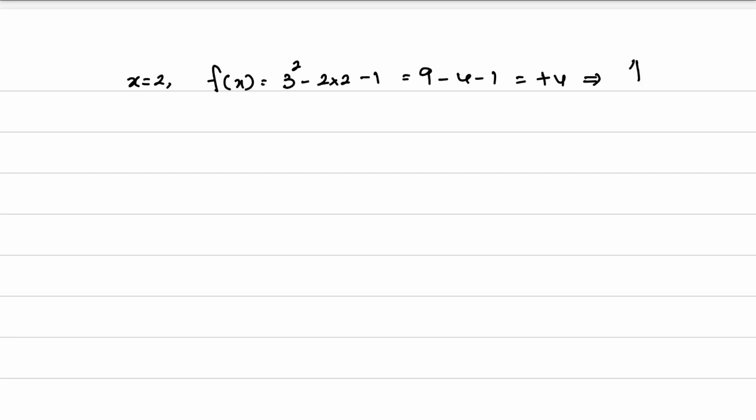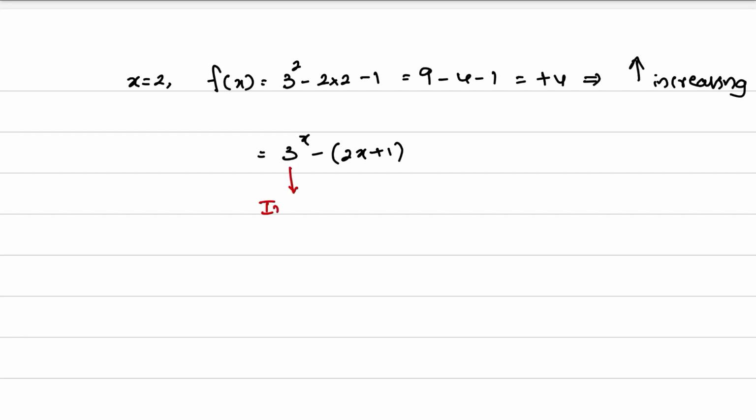That means it is increasing. Because it is an exponential equation, the value of 3 to the power of x increases when compared with 2x. Because this can be written as 3 to the power of x minus, 2x plus 1. Can we write like this? Yes, we can very well write like this.